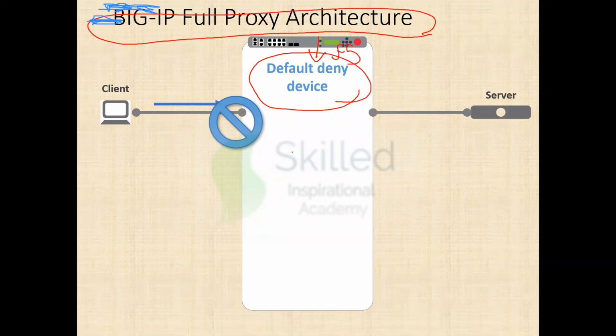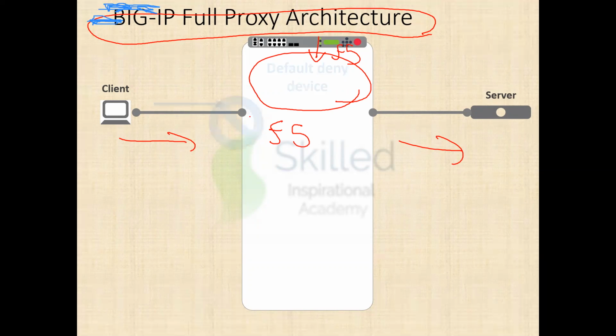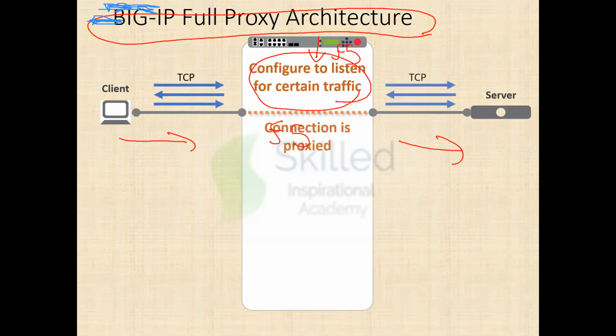In this case, we have the client, we have F5 in the picture, and we have the server. As shown in the picture, client traffic will come to F5. We will have some virtual server which will listen to certain traffic. Once we have a virtual server, it will forward traffic to the server.